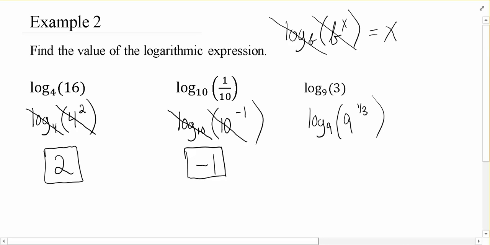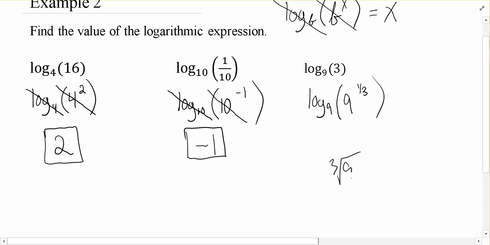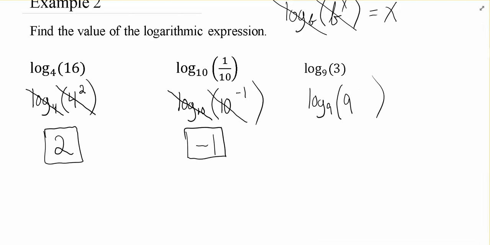But remember that a 1/3 power means the cube root. The cube root of 9 doesn't get us 3. But that actually should give us a big clue that says, oh, hold on a second, radicals maybe are a good way to go, because the square root of 9 would give me 3.